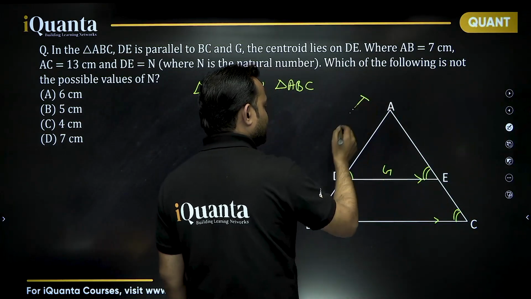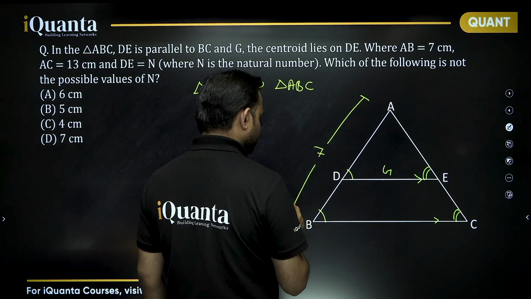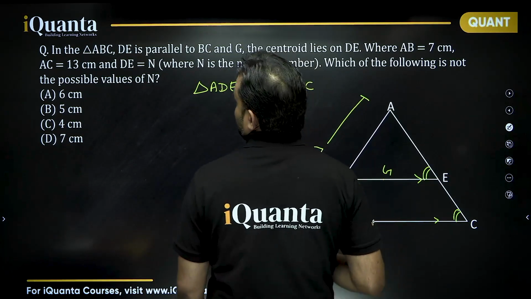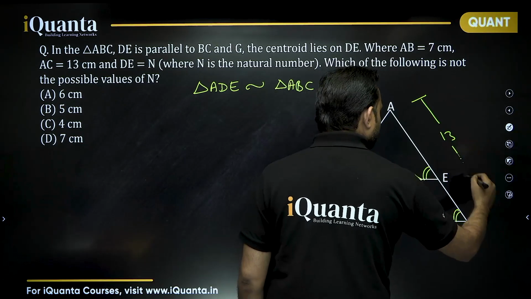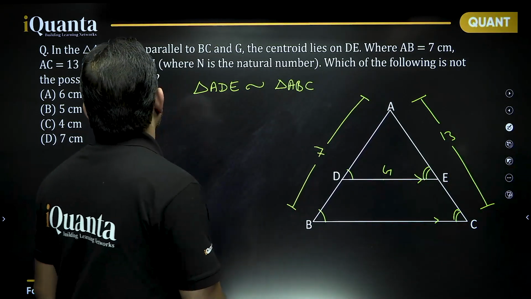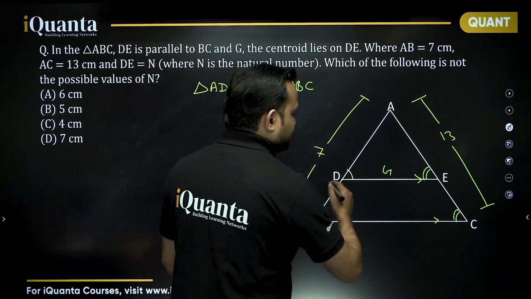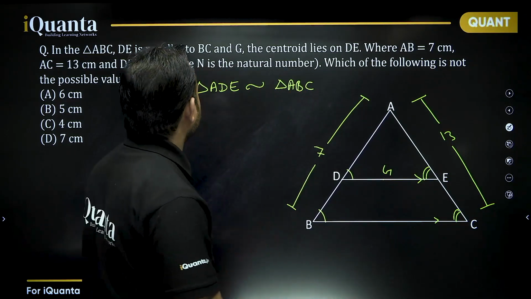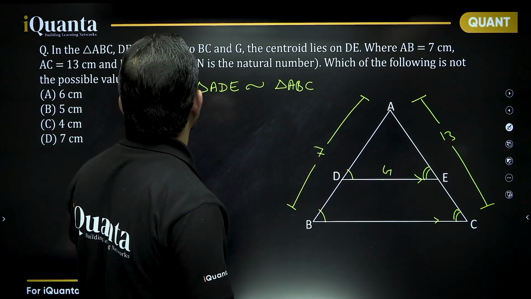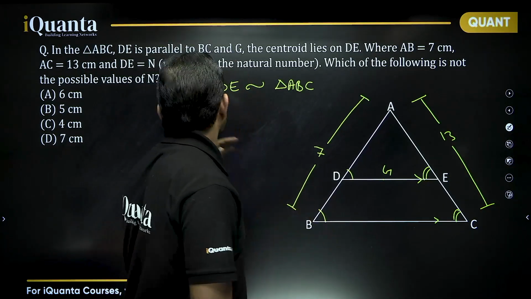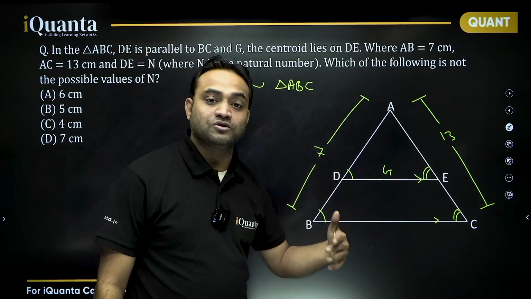And AC is equal to 13 centimeters, so this is also given. And DE is equal to N. The length of DE is given, which is equal to N. Now it says which of the following cannot be a possible value of N.